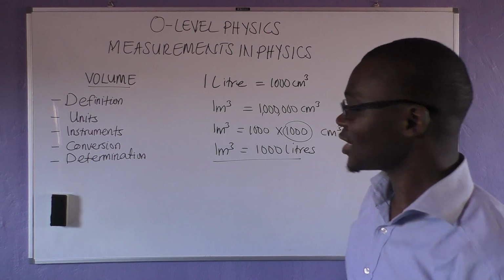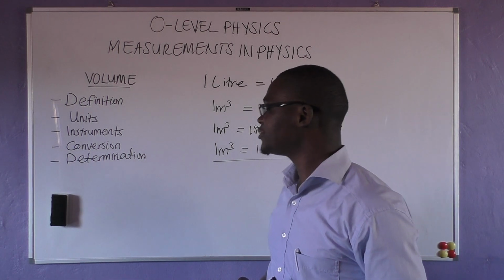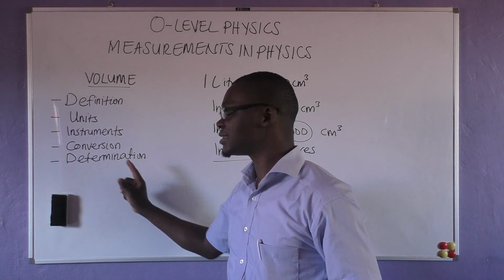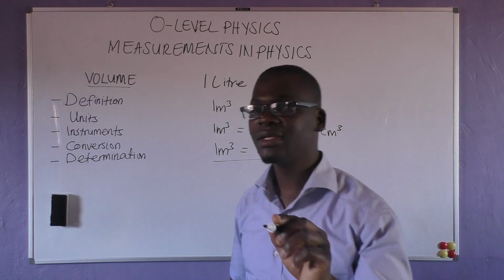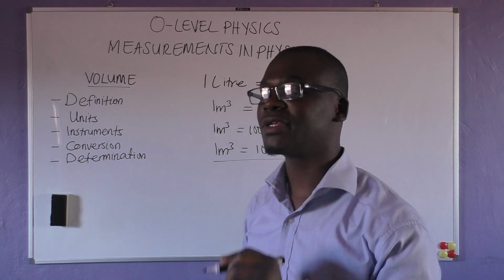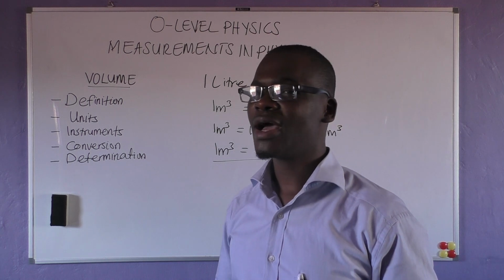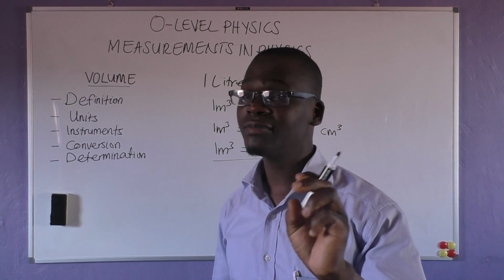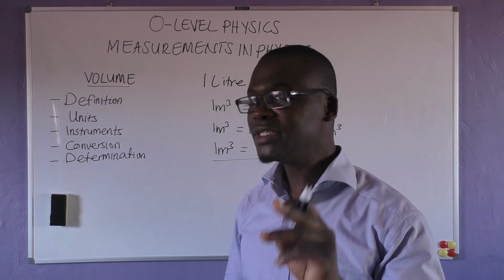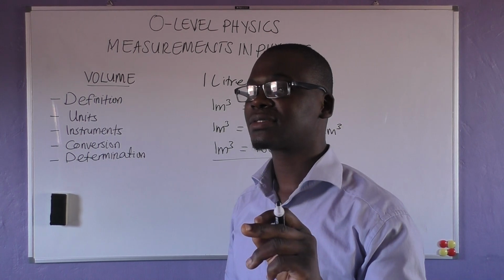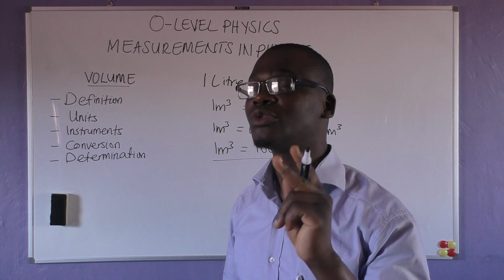However, let's come back. We are left with one part, that is determining volume for different substances. We have solids, we have liquids, we have gases. Solids are, however, categorized into two.